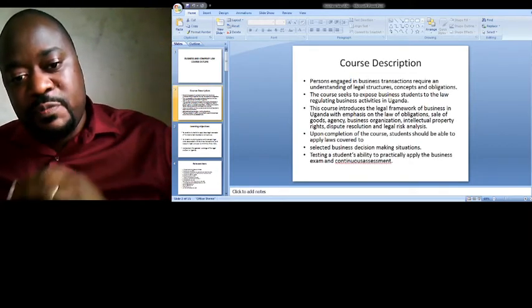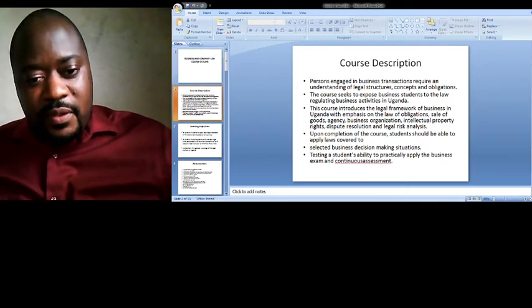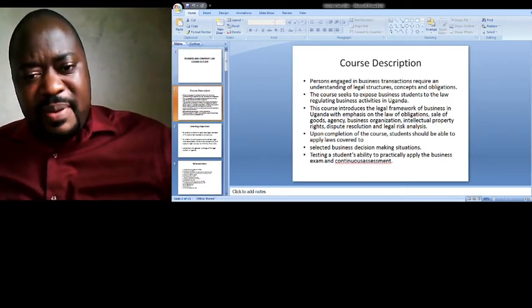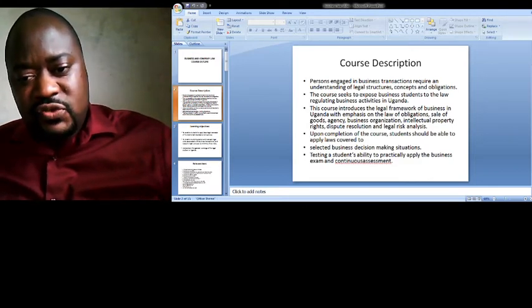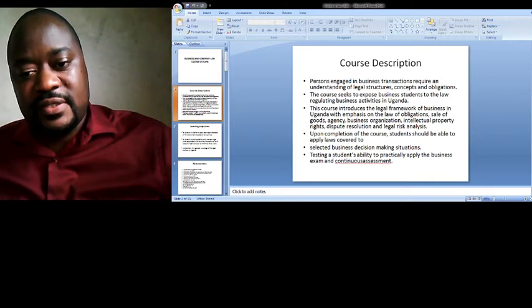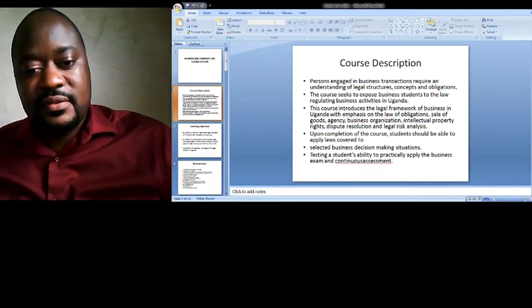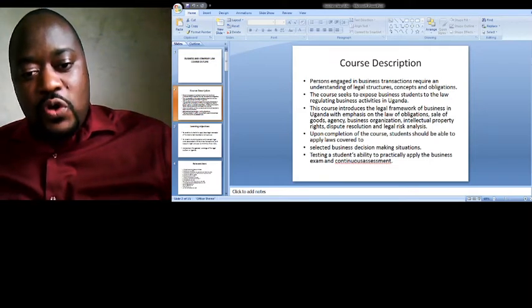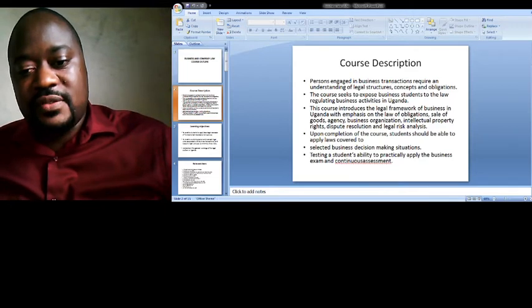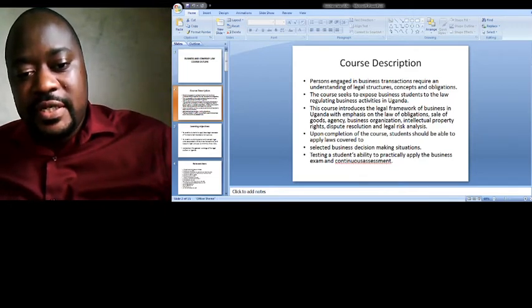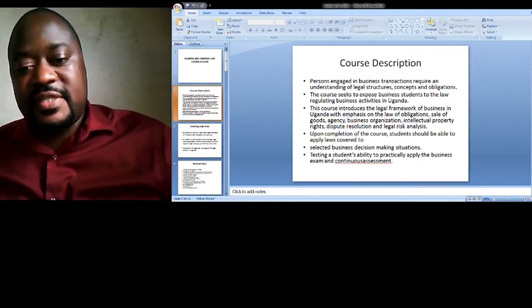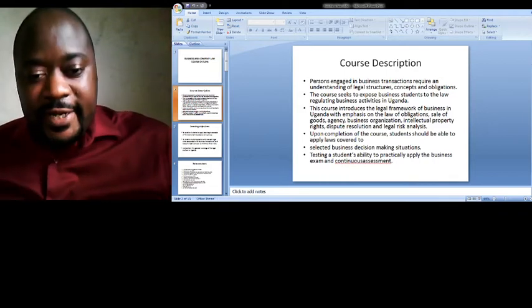Now, course description. We are saying that persons engaged in business transactions require an understanding of legal structures, concepts, and obligations. The course seeks to expose business students to the law regulating business activities in Uganda.